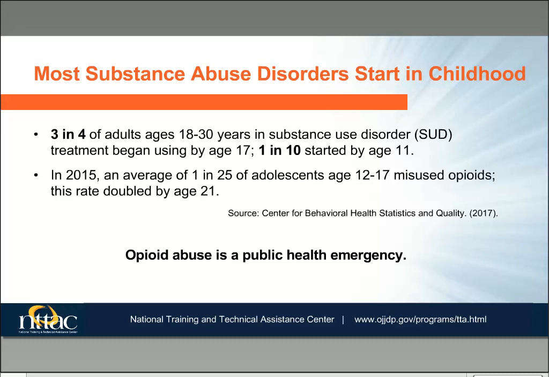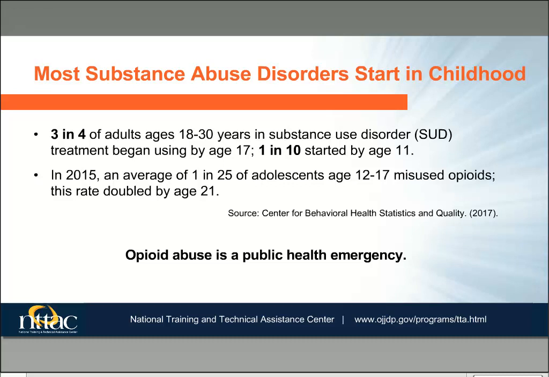That's more than the previous year on record. In the same year, an average of roughly 1 in 25 adolescents 12 to 17 years of age misused opioids during the previous year. However, this rate doubled to 2 in 25 individuals by the age of 21.